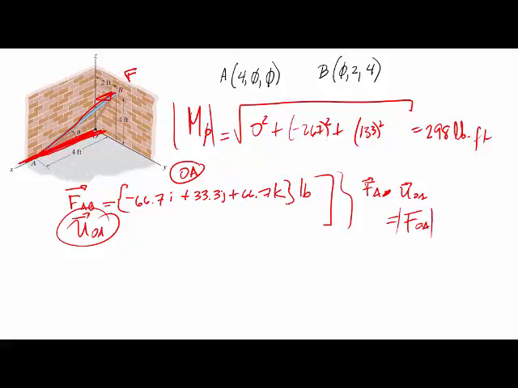So, the first thing I have to do is then find the position vector from 0 to A, which is what? These are my coordinates here. So it would be just 4I. Right?